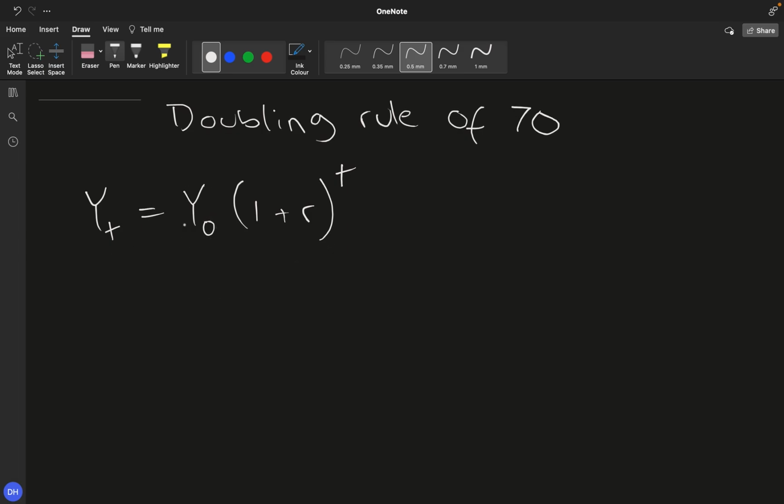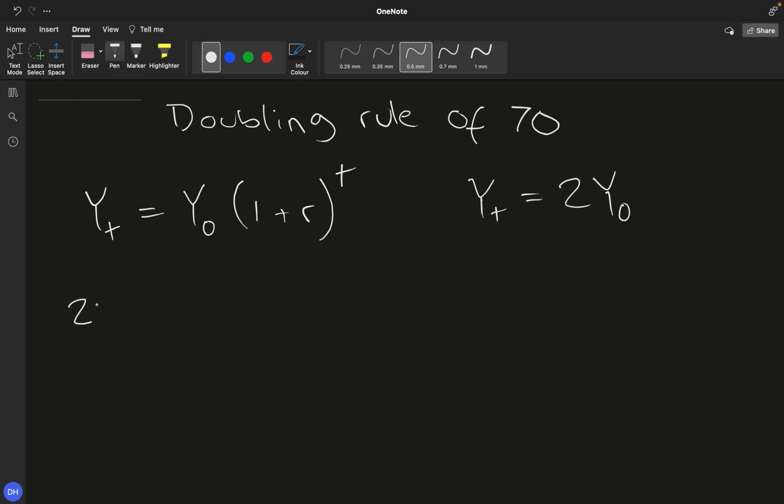And so we want to know what value of t it will take for our investment to double. So we need to set y_t equal to 2 times our principal investment.